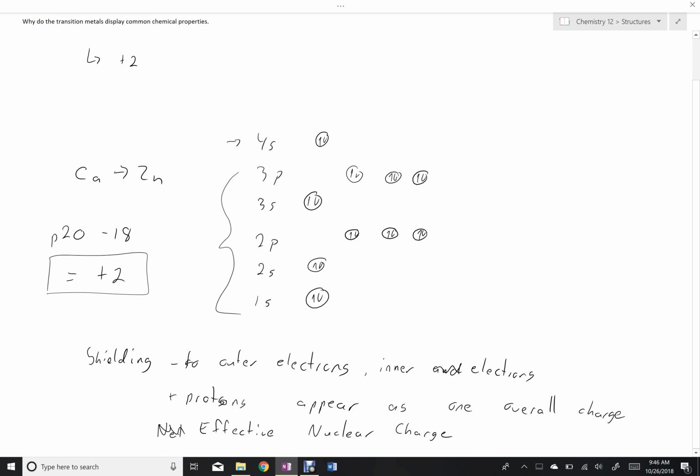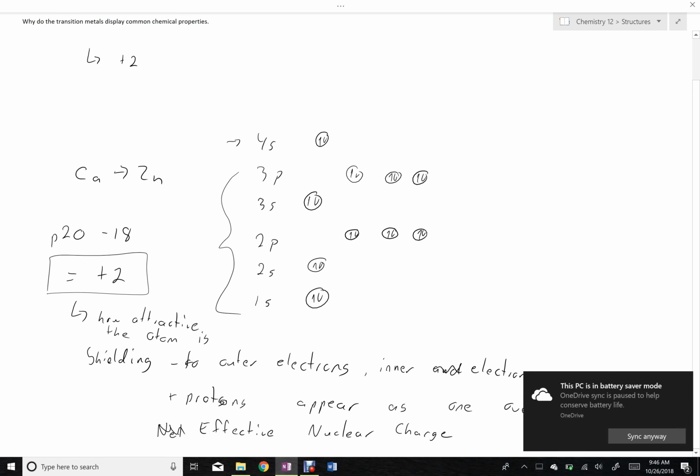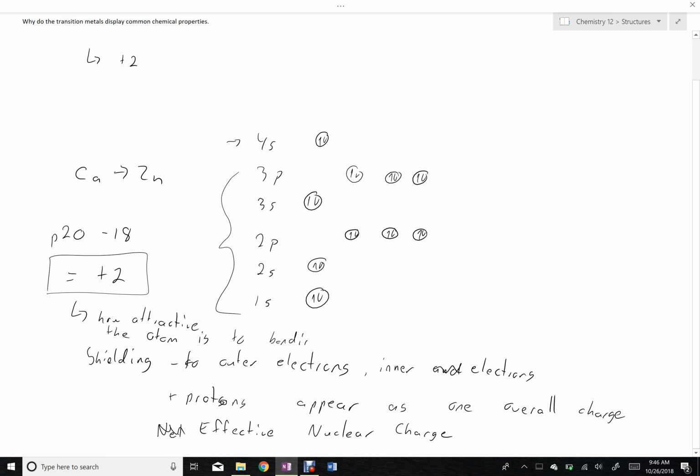This effective nuclear charge is a representation of how attractive the atom is to bonding electrons.